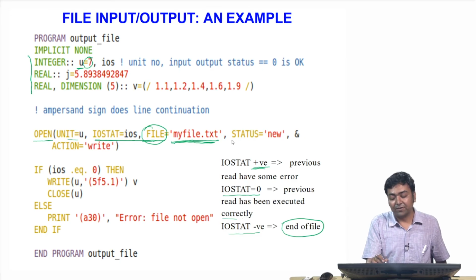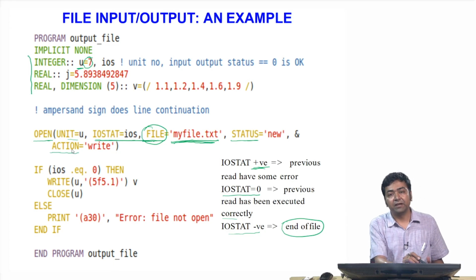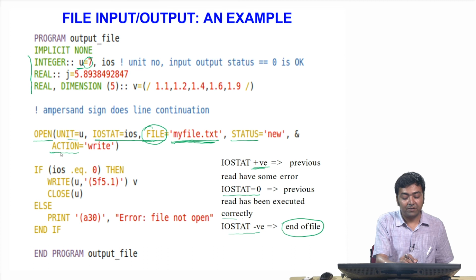For that one uses this status statement, and since we are creating a new file here, we have assigned status equals new. We can also tell the code what to do with this particular file, that is, whether we are interested in reading data from that file or writing data to that file. In this case we will be writing data onto the file, and we do that with this action variable, so we set action equals write.